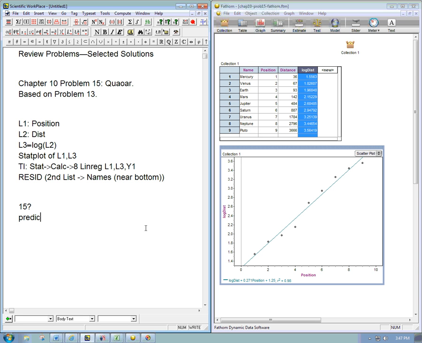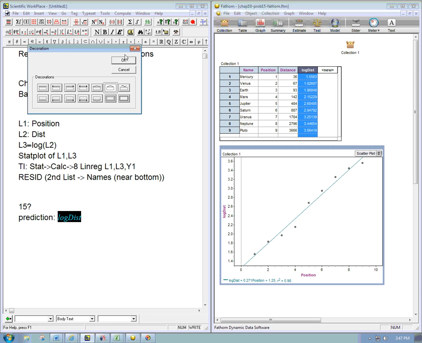Okay, well, let's see what the prediction is. That's just a simple aspect of plugging into the model. Here's the model. We have that log dist. Let me hat that.